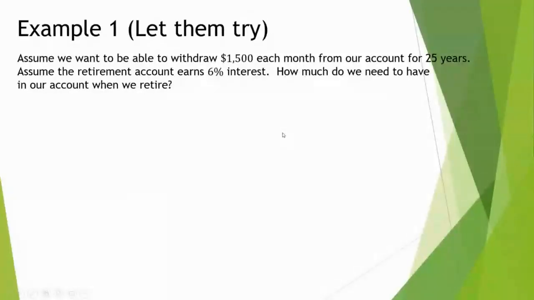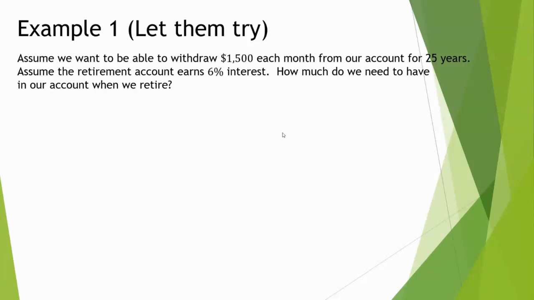So we're going to assume the retirement account is earning 6% interest. So our APR is 0.06, 6%. We want to know, how much do we need to have in our account when we retire?